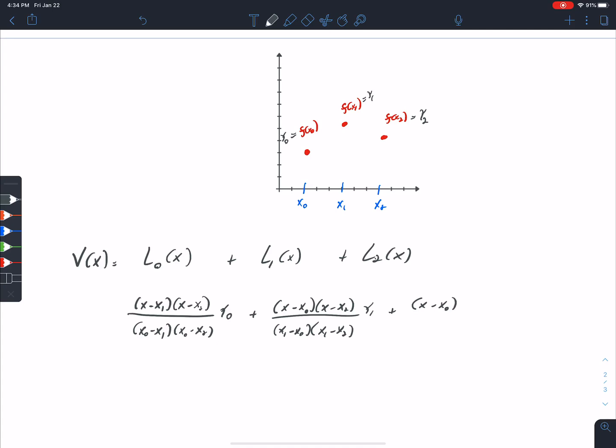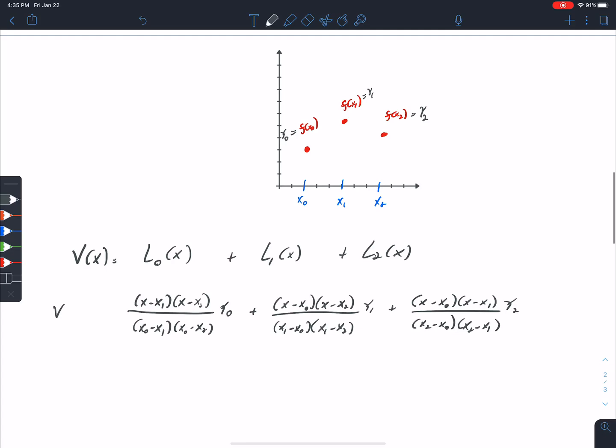So let's do the third quadratic function the same way. x minus x1, divided by x2 minus x0, times x2 minus x1, and this is going to be times y2, right?